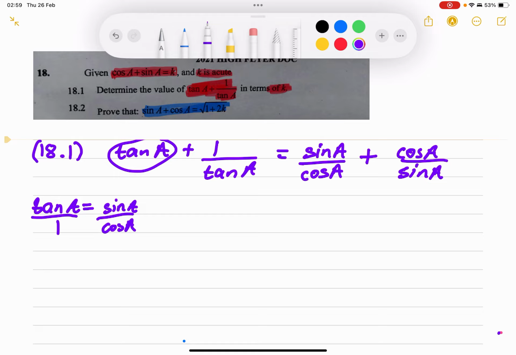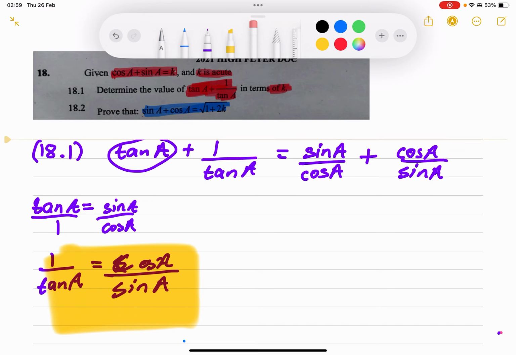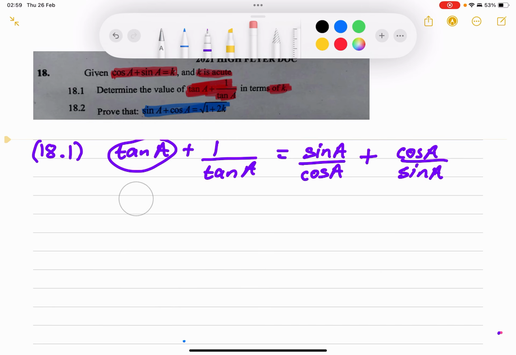If I switch, 1 over tan A is going to be the same as cos A over sine A. All right, so that is the first part of this question.